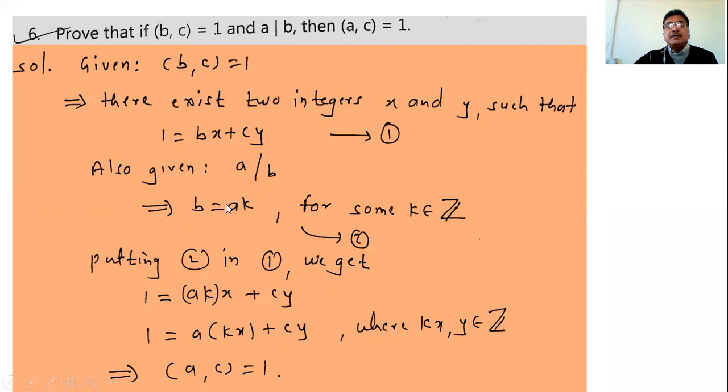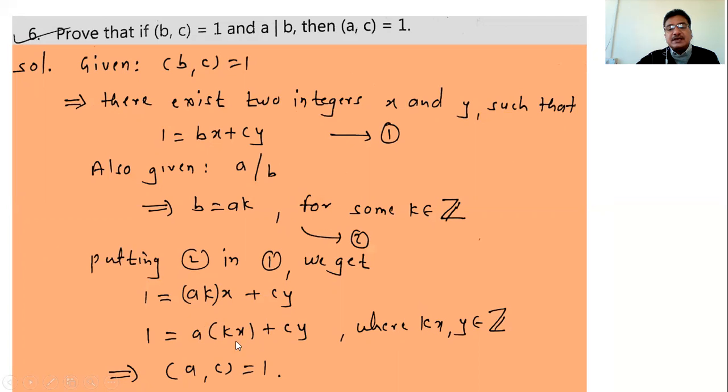Again, a divides b implies b is expressed in the form a times k for some k belonging to Z. So this is given. And now we have to show the greatest common divisor of a and c is 1. When the gcd of a and c is 1, 1 is expressed in the form a times some integer plus c times some integer. So for that, putting this value of b in equation number 1, we have 1 equals akx plus cy, and write this as a(kx) plus cy.